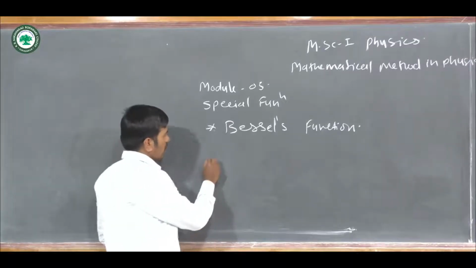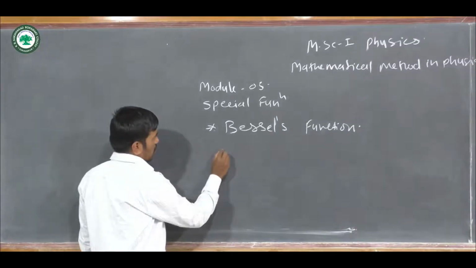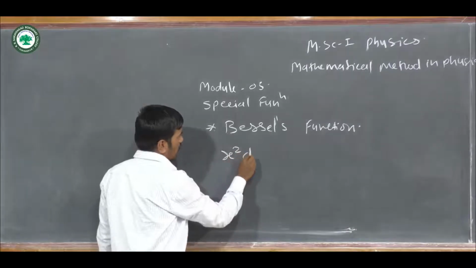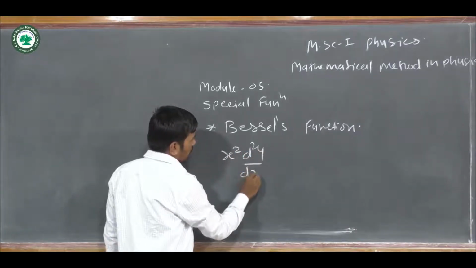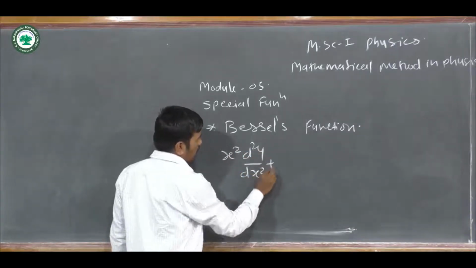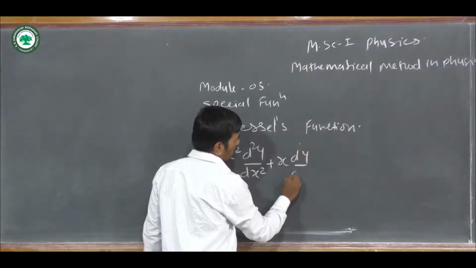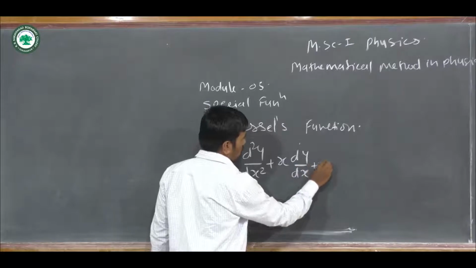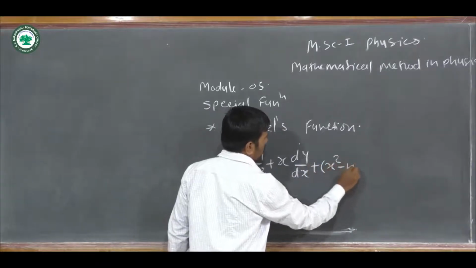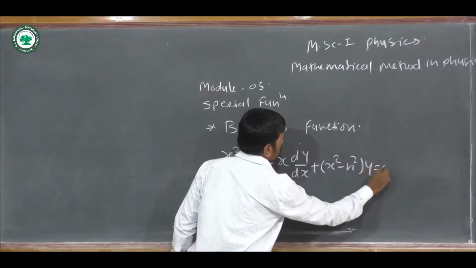So the Bessel equation is x square d square y by dx square plus x into dy by dx plus (x square minus n square) y is equal to 0.